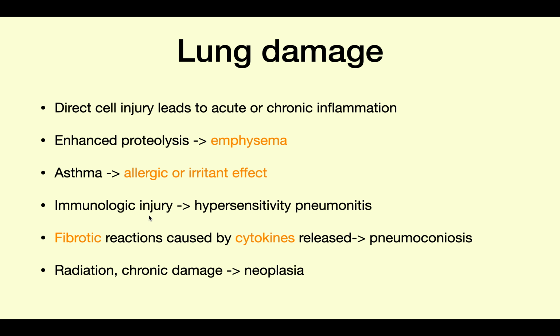The immunologic injury is going to result in the hypersensitivity pneumonitis, and the fibrotic reactions are going to be caused by the cytokines released in response to the particulates. Radiation and chronic damage is going to lead to changes in the cellular structure, in the cellular DNA, and that can propagate over the generations.